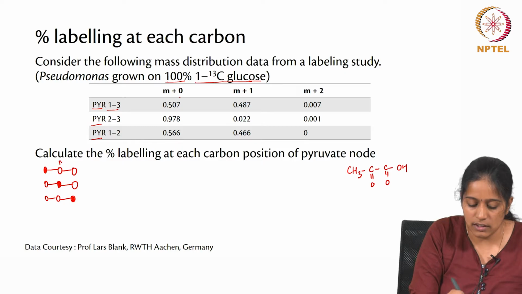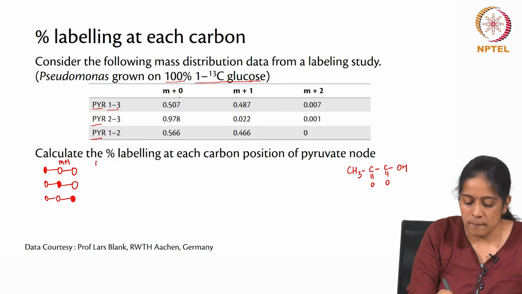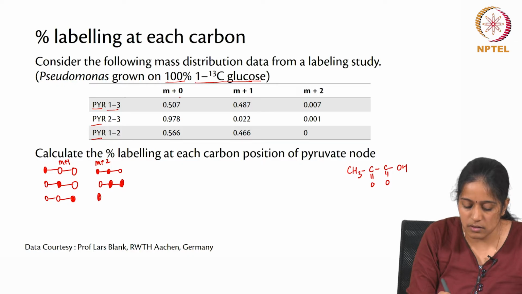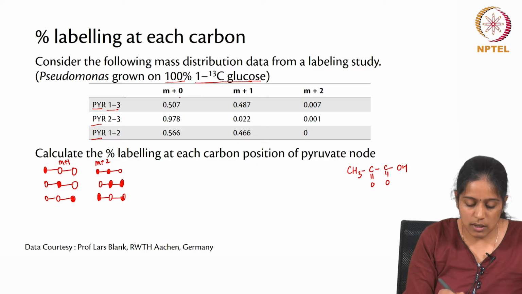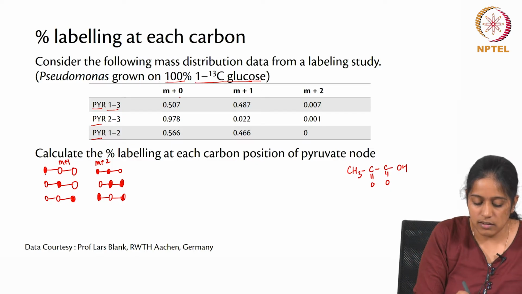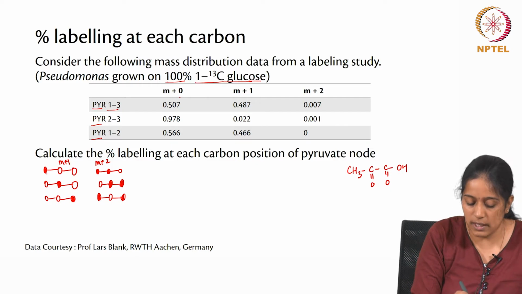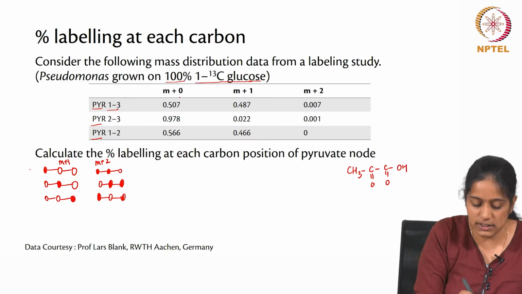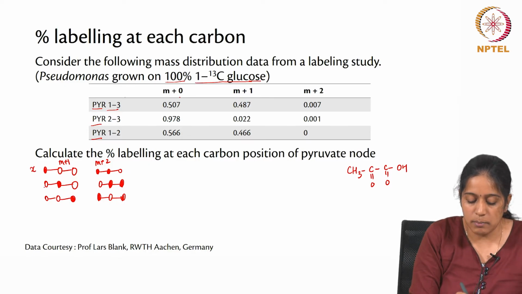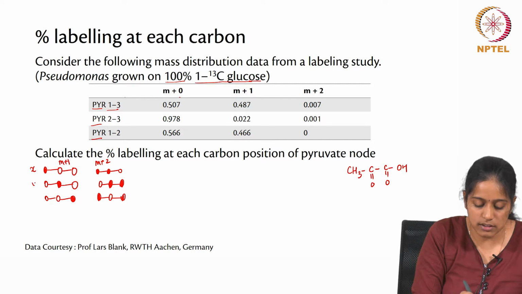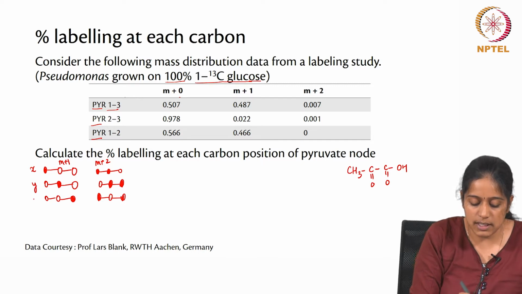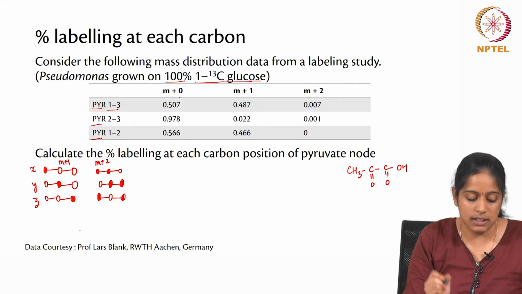This is M+1, M+2 again is this, this, and this. Now I call the pyruvate labeled at the first position X, pyruvate labeled at the second position Y, and pyruvate labeled at the third position Z.